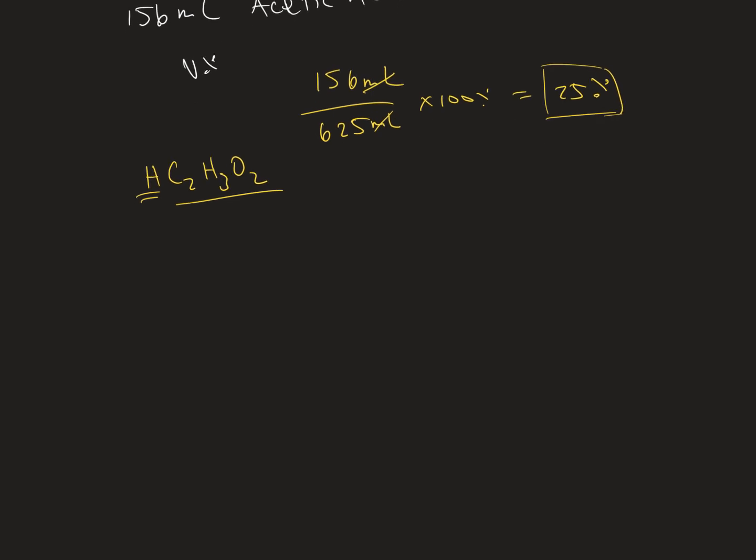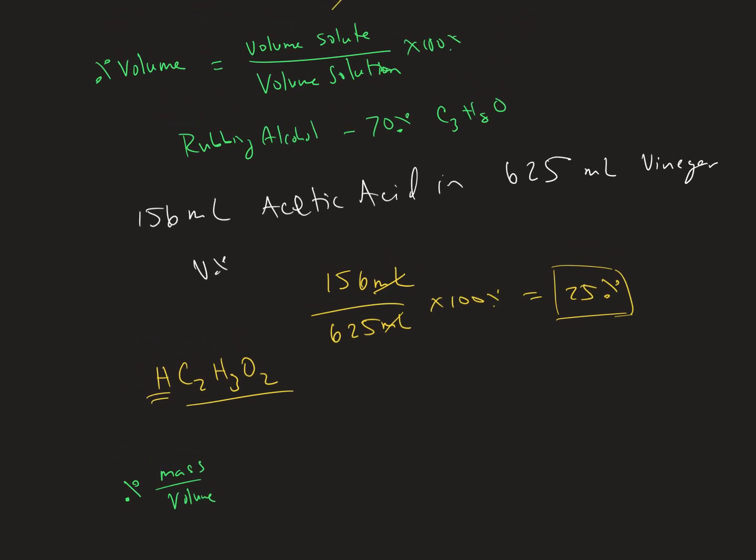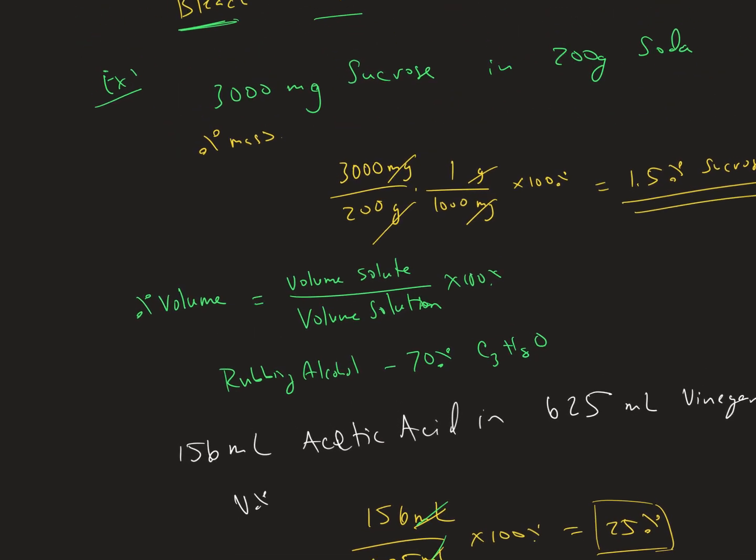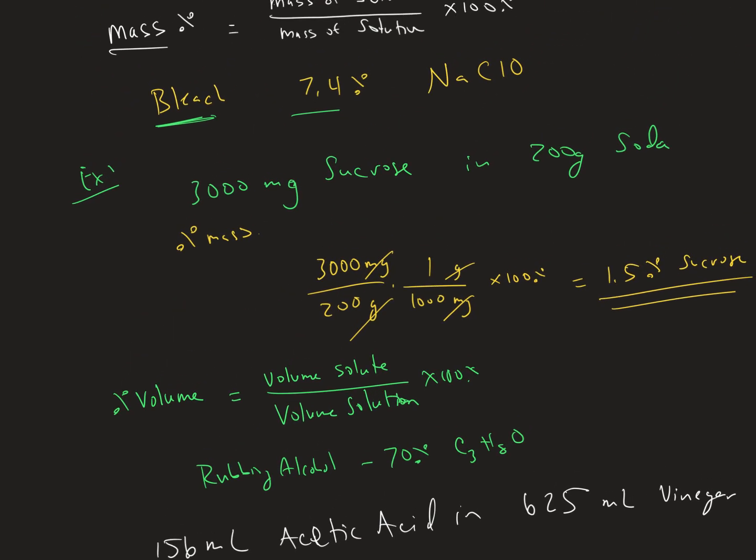Last one for percent is percent by mass and volume. Whoa. Can we do that? When? Because we did this so that the units could cancel out, didn't we? Milligrams, we did that so that units cancel out.